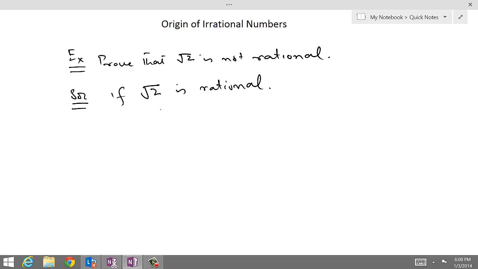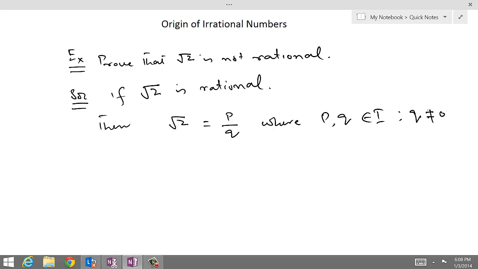If under root 2 is rational, then obviously under root 2 can be written in the form p over q, where p, q are integers and q is not equal to 0.